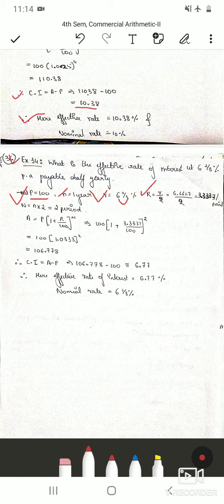So capital R will be small r by 2 because half yearly is given. So it is 6.667 divided by 2, which is 3.333 per period, and capital N is 2 periods. So solve for amount, find compound interest, you will get 6.77. So that is your effective rate of interest, and the nominal rate of interest is 6.667. So you can see the effective rate is always more than the nominal rate of interest.